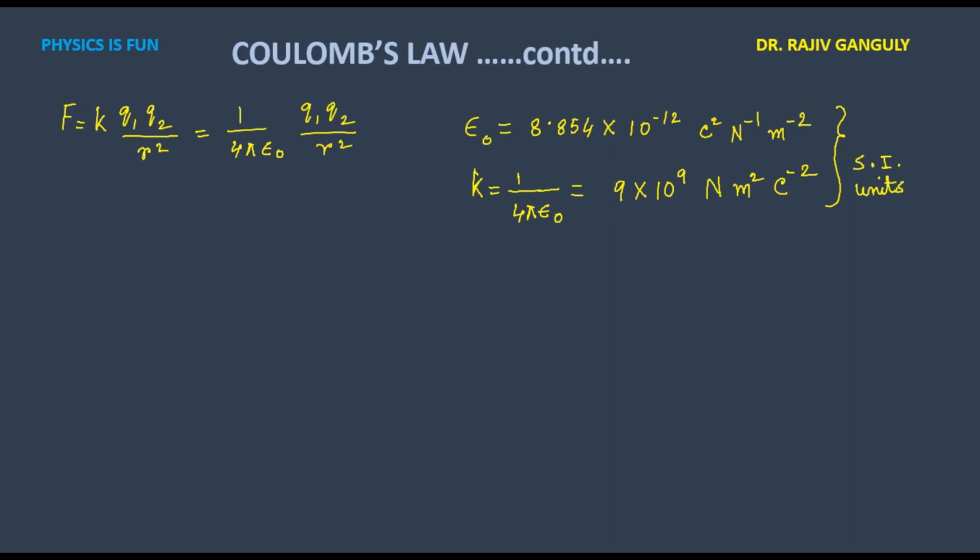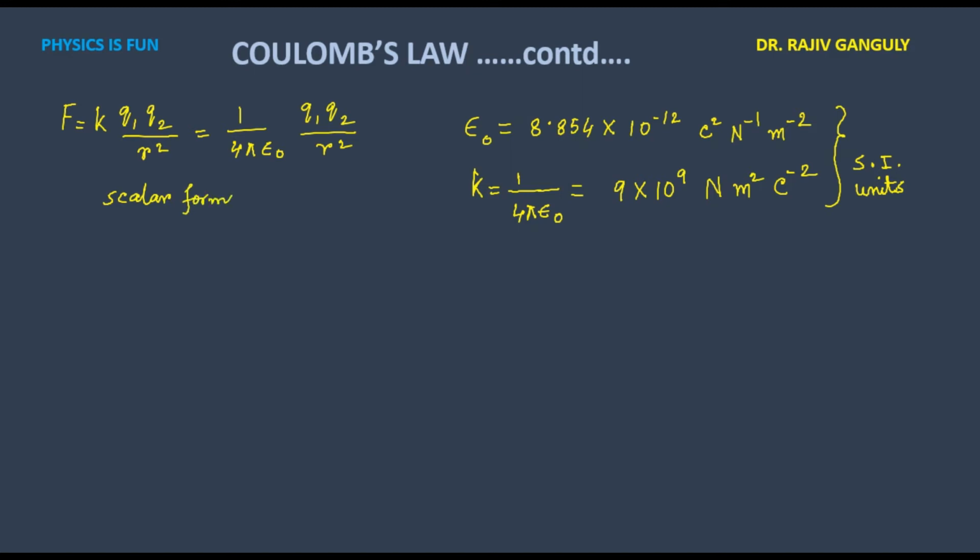And most importantly, when we solve problems, I've already done a video on this in this channel, you can refer to it: whenever you solve a particular problem, you choose the units in a particular system. The data will be given, and you choose them in a particular system. So this is about the scalar form. This format of Coulomb's law is in scalar form.